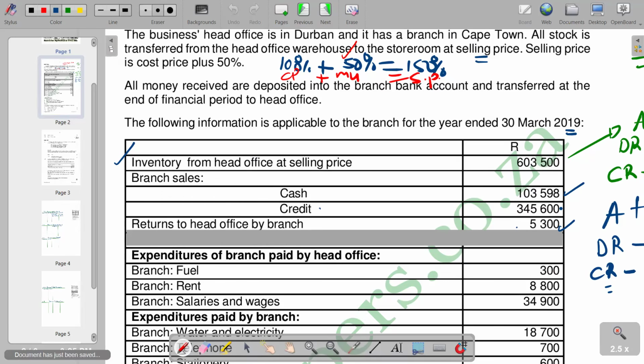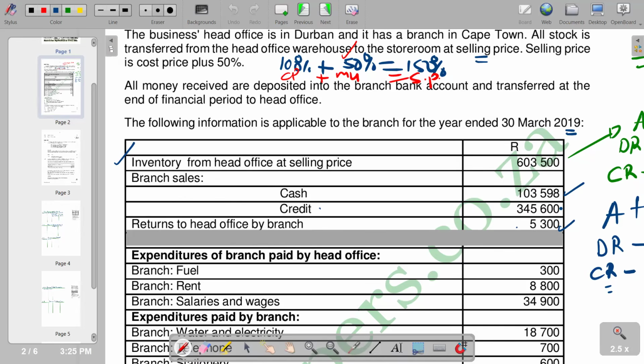We only have the branch bank account. So in that case, we are not going to include those transactions of fuel, rent, and salaries and wages in the branch bank account. So we are only going to take them and put them in the profit and loss account. It's only going to affect the profit and loss account, whereby they are expenses which are supposed to go to the debit side of the branch profit and loss account.